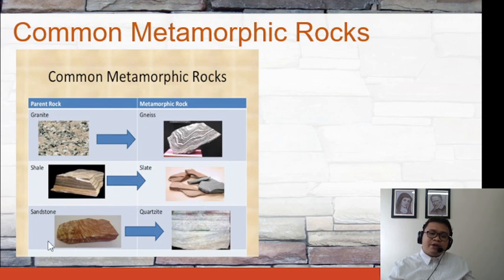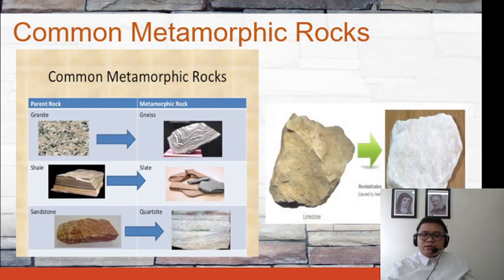If the parent rock is sandstone, which is a type of sedimentary rock, when it undergoes metamorphism, it can be converted into quartzite. Or it could be limestone. When it undergoes recrystallization, it becomes marble.